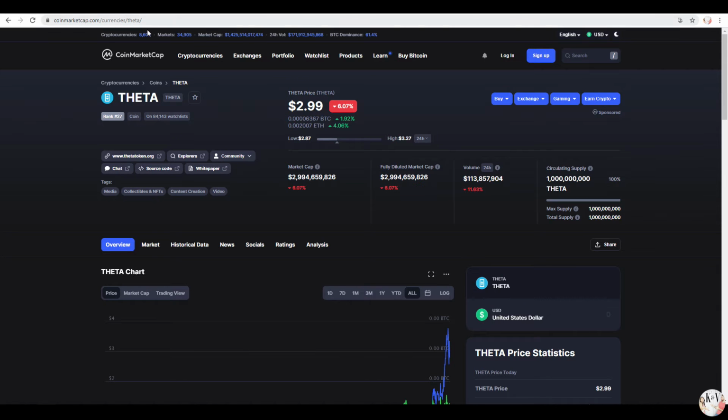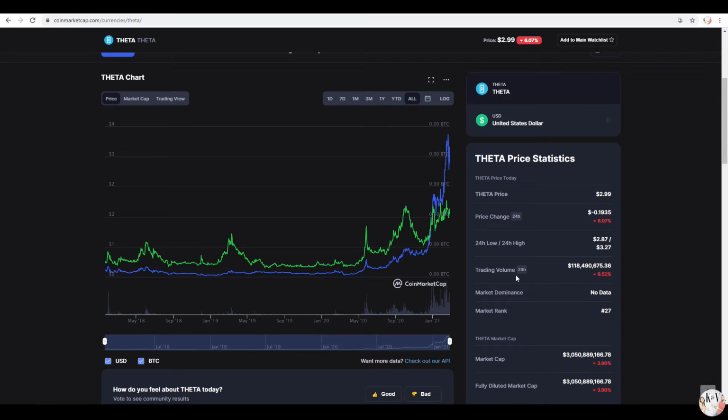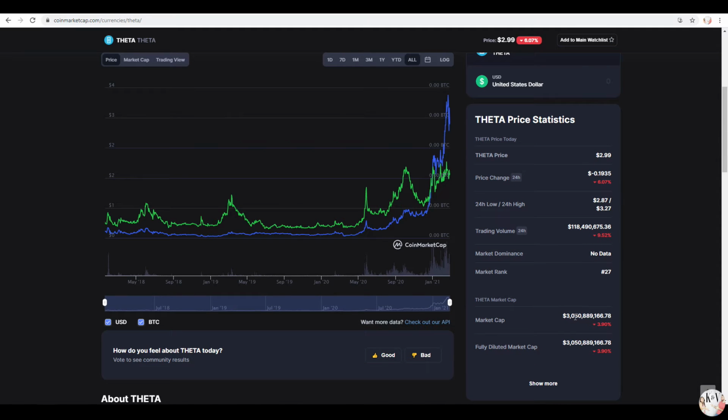We check both of them at the same time so we know that the information is more accurate. The more information we have, the better, right? And we see here the market cap is about 3 billion, which is considered mid cap. So we are comfortable with that kind of risk.